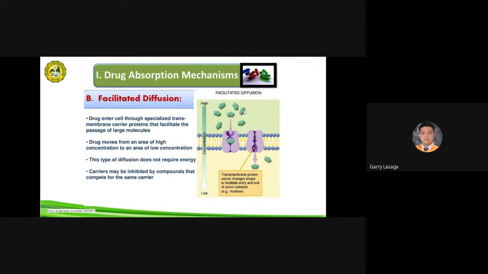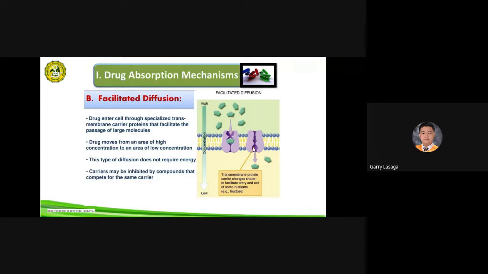So for example, when these molecules bind to this carrier protein, it will induce changes in the shape of this particular protein in order to accommodate or facilitate the entry of these particular molecules from one side of the membrane to the other side of the membrane.